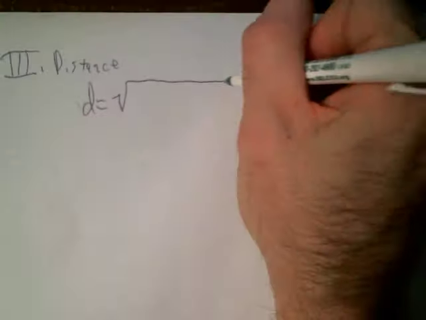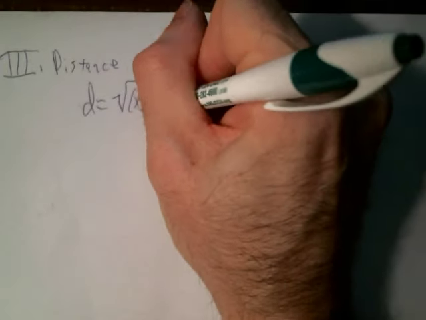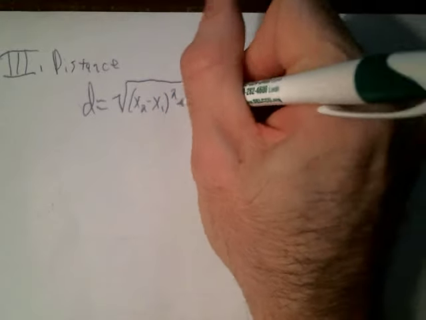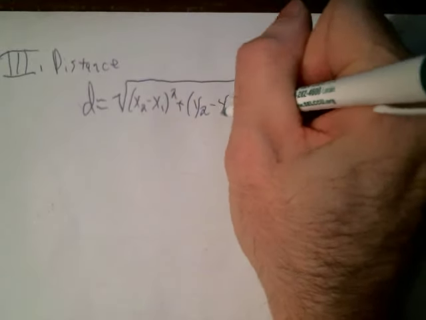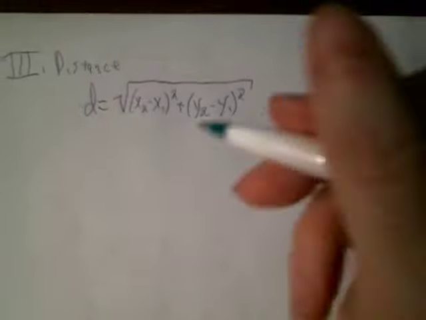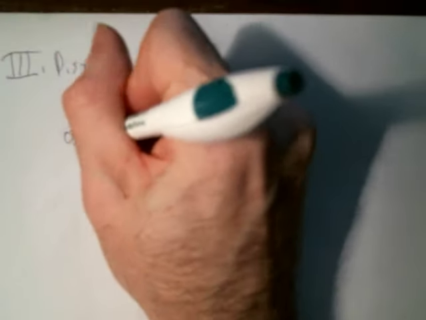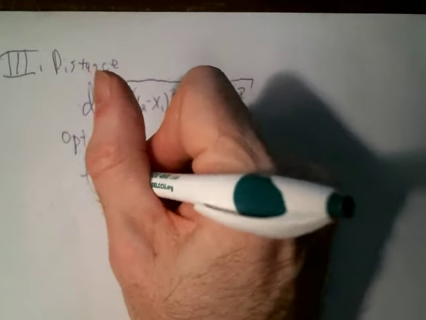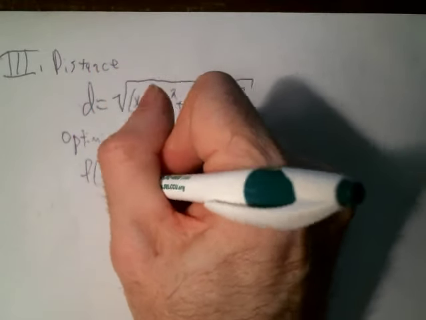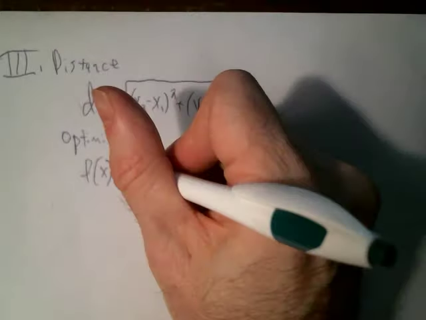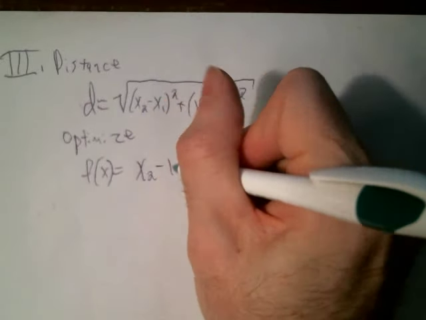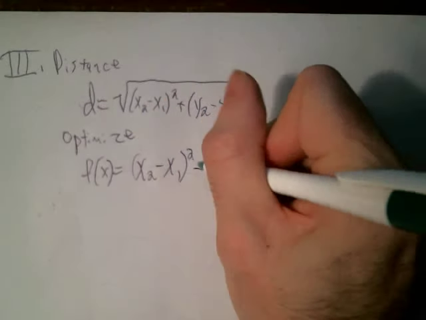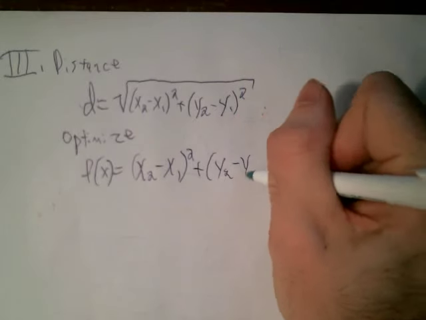You're dealing with this square root formula, right? So it's x2 minus x1 squared plus y2 minus y1 squared. What we're going to do is instead optimize basically this thing squared. So optimize the function f of x, which will equal just x2 minus x1 squared plus y2 minus y1 squared.